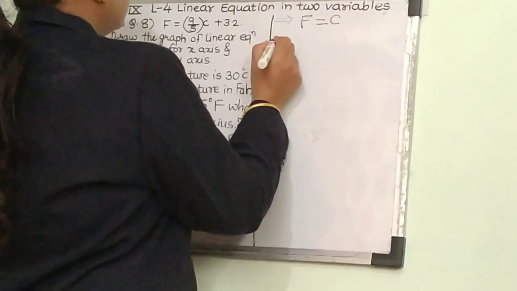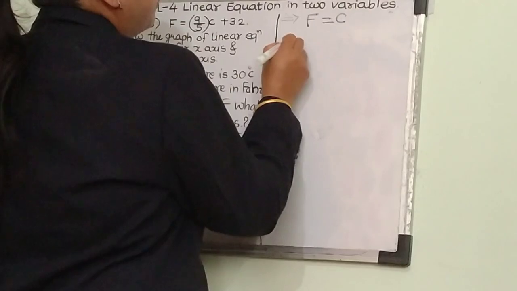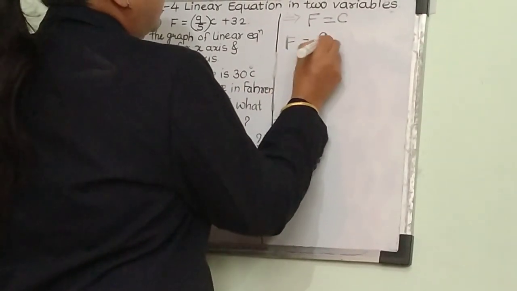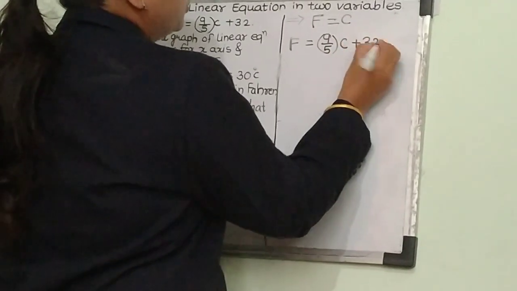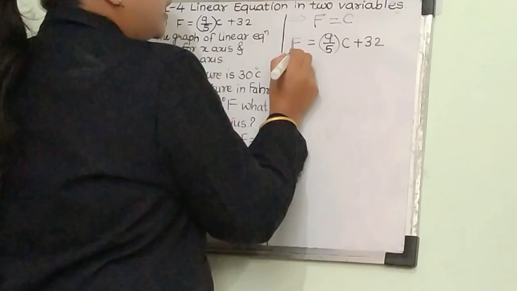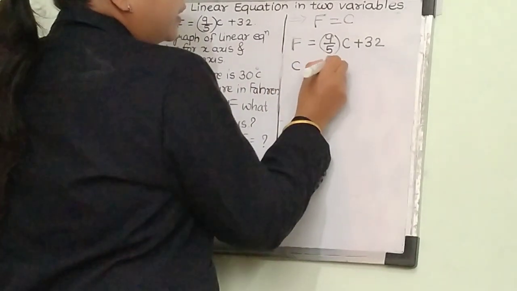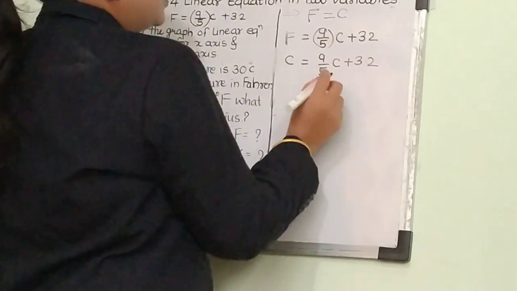So our given equation is F equals 9 upon 5 C plus 32. So first I will convert this: F becomes C, then C equals 9 upon 5 C plus 32.